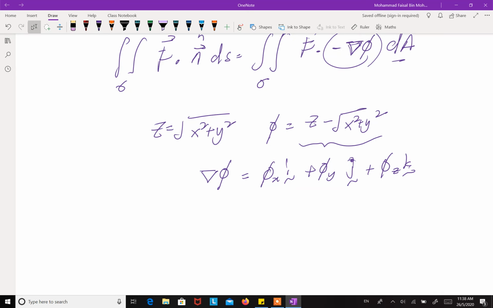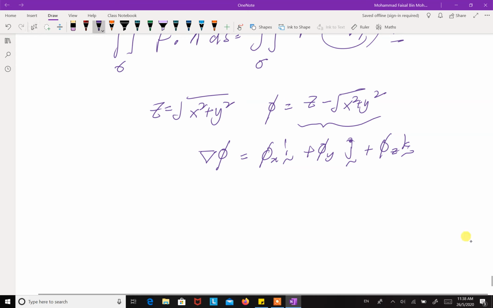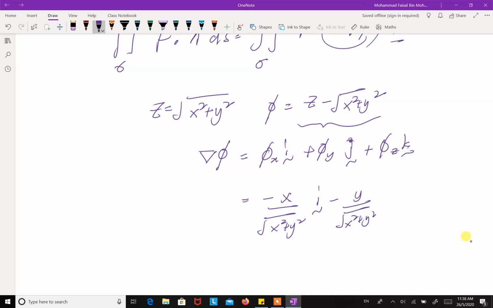If you differentiate with respect to x and y, you will get negative x over square root of x squared plus y squared i, minus y over square root of x squared plus y squared j, and then we have 1 k.